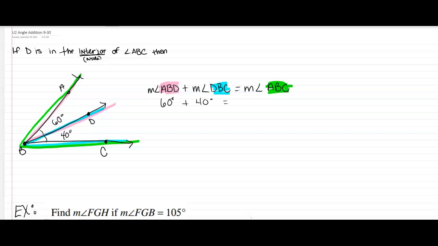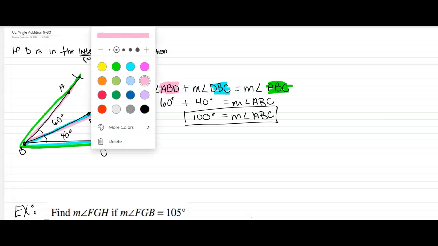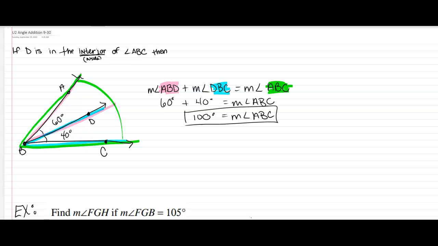That's going to give us the measure of angle ABC. And 60 plus 40 is 100. So the measure of the larger angle ABC is equal to 100. So this whole thing is 100.